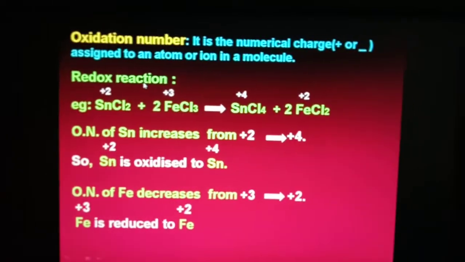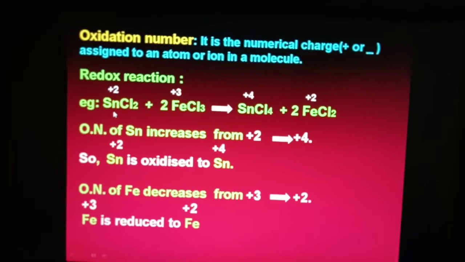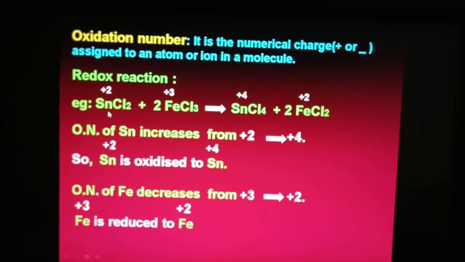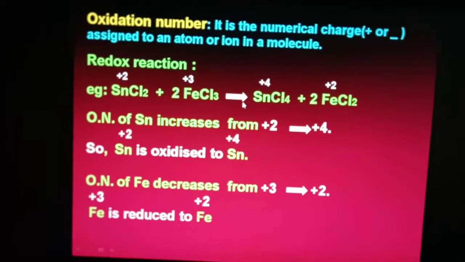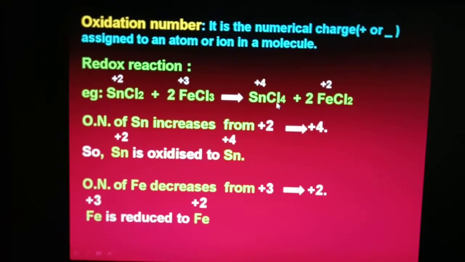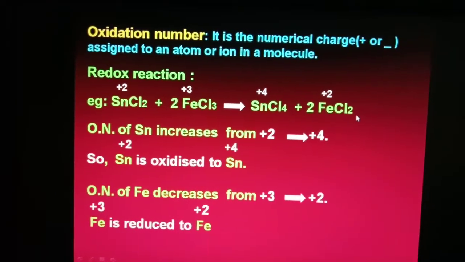Redox reaction can be explained with the help of the following example. SnCl2 plus 2 FeCl3 gives SnCl4 plus 2 FeCl2.